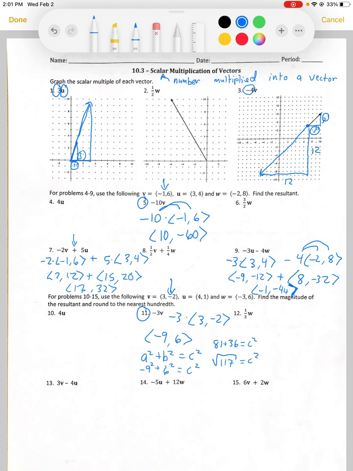Now you'll notice here it says round to the nearest hundredth. So at this point, you should grab a calculator and figure out what number that would be. So the square root of 117, I'm currently typing it into the calculator as I talk, will be 3 radical 13. That might be how your calculator spits out that answer.